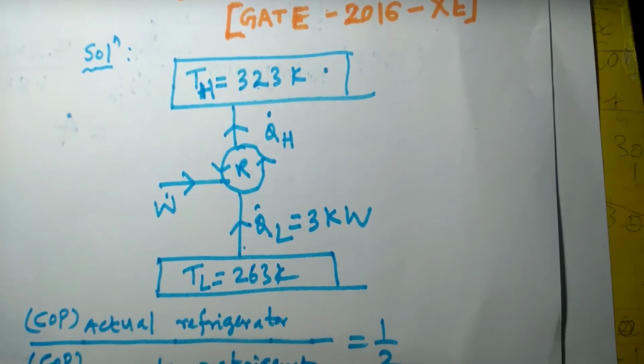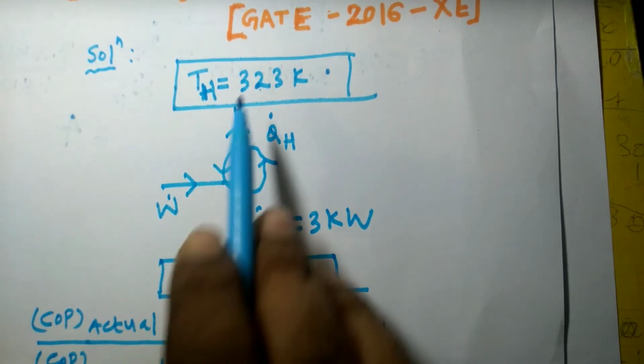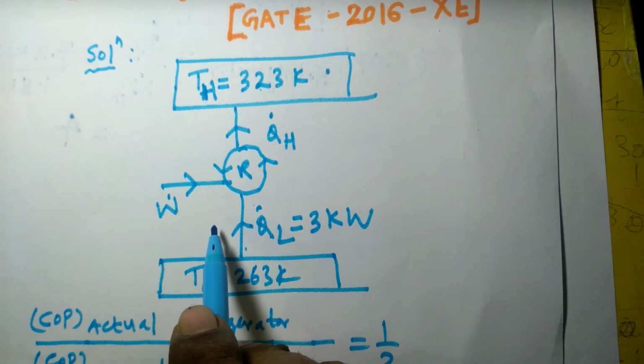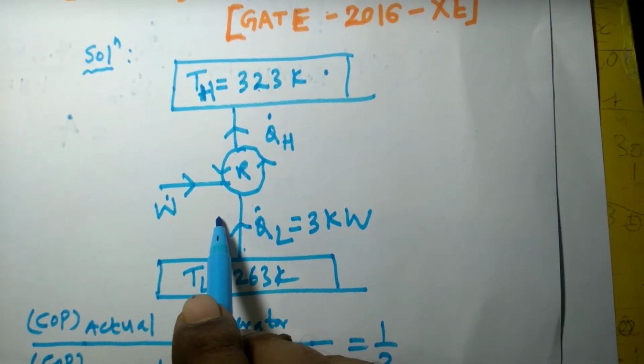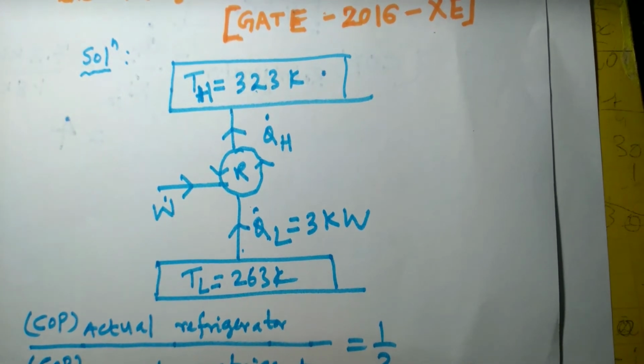The formula that COP of a refrigerator is TL divided by TH minus TL, and COP of a heat pump is TH divided by TH minus TL, is applicable only for Carnot refrigerators and Carnot heat pumps. But for any refrigerator, reversible or irreversible, we can express the COP in terms of heat and work interactions.